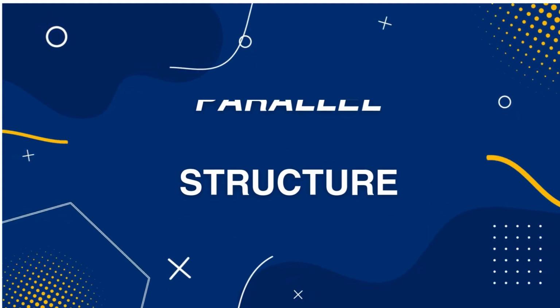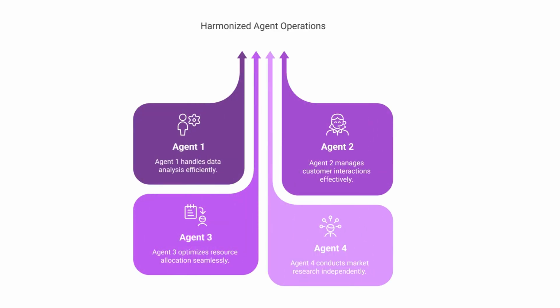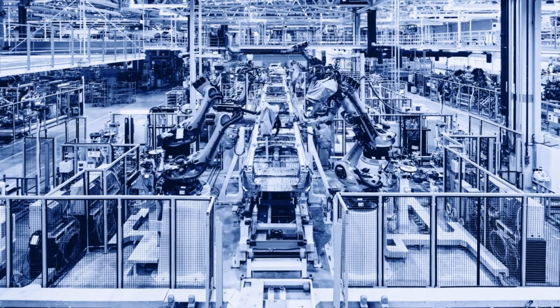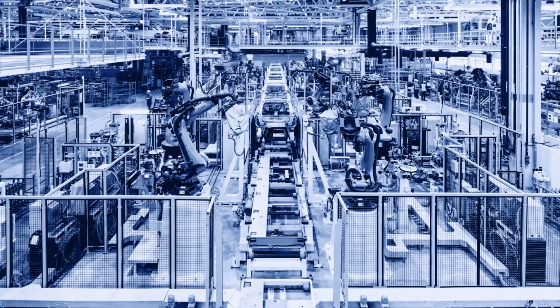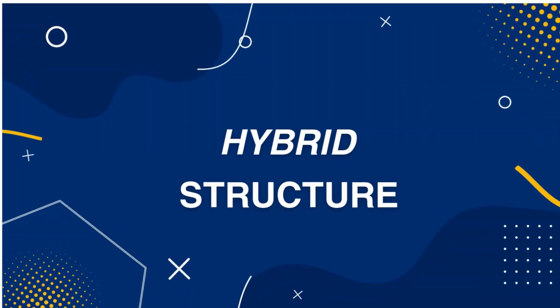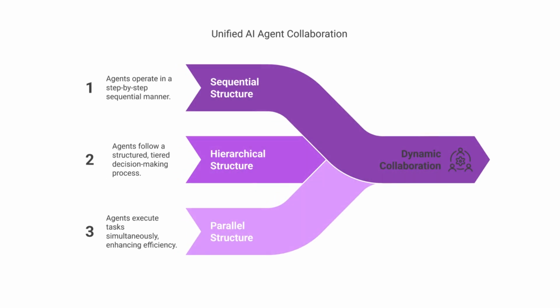Parallel structure. A parallel multi-agent AI system consists of multiple agents working simultaneously and independently on different tasks. This structure is ideal for high-speed processing, large-scale automation, and real-time decision-making. Moving on to the next one, hybrid structure. A hybrid multi-agent AI system combines elements of sequential, hierarchical, and parallel structures, allowing AI agents to collaborate dynamically.